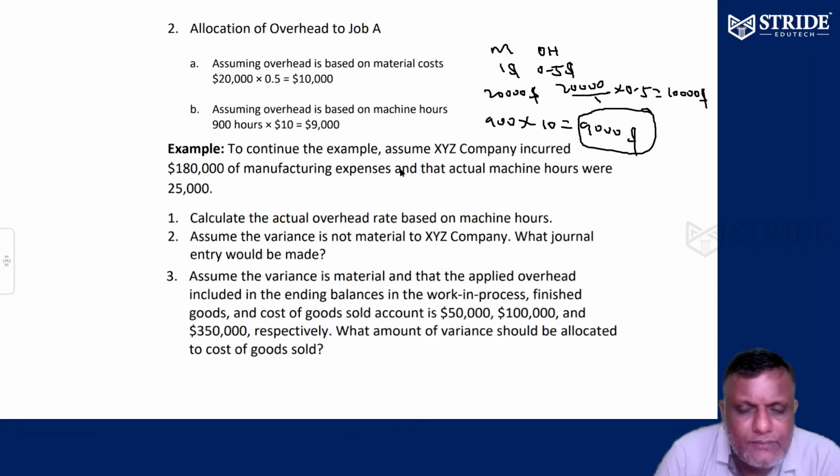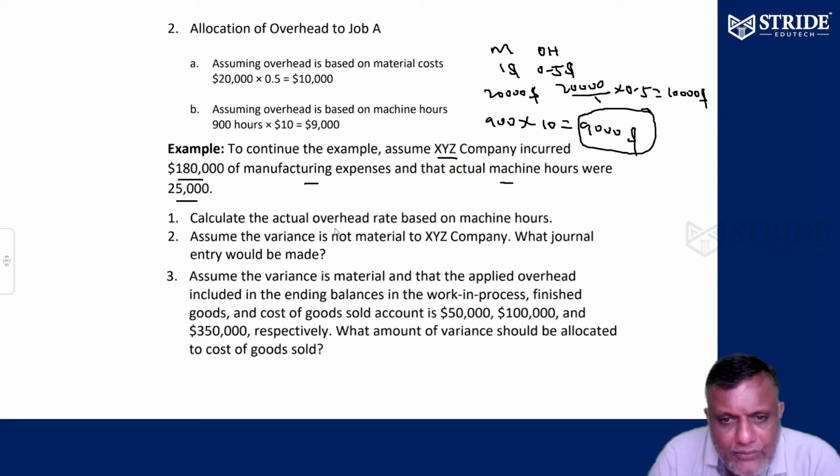Let's see. Assume that XYZ company incurred $180,000 of manufacturing expenses. Actual machine hours are 25,000. Suppose overhead is based on the machine hour. Can I answer the first question? What is the actual overhead based on the machine hour? Very simple.